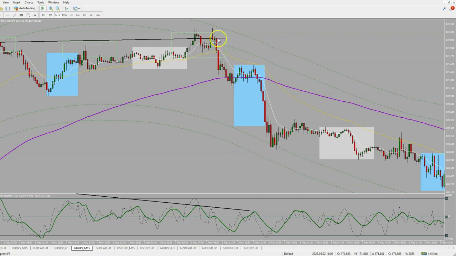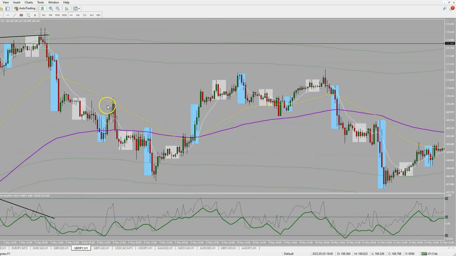When that 3 soldiers reversal pattern ended, it was right here at the bottom of this candle. And so you just jump in the trade when that candle closes, boom, because you're already above the 50 EMA. Actually, it'd be more like right here, and then this is your candle. You don't have any drawdown on this particular trade, and you could have caught almost 200 pips that same day.